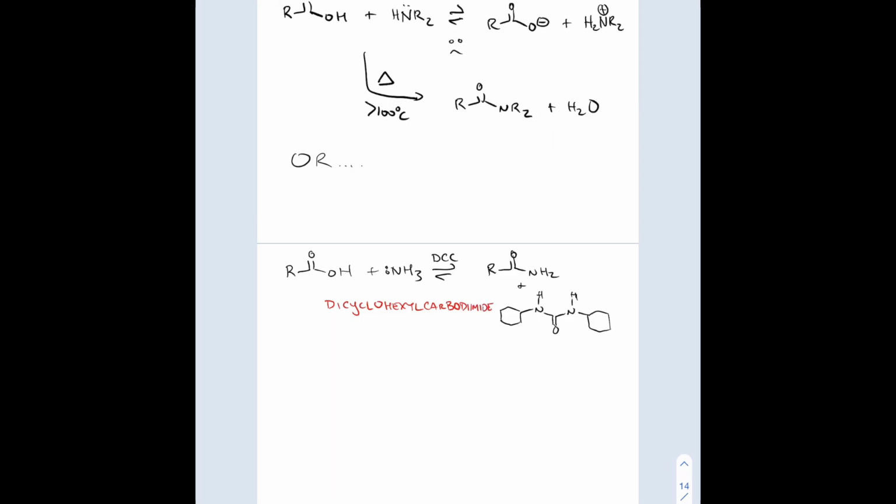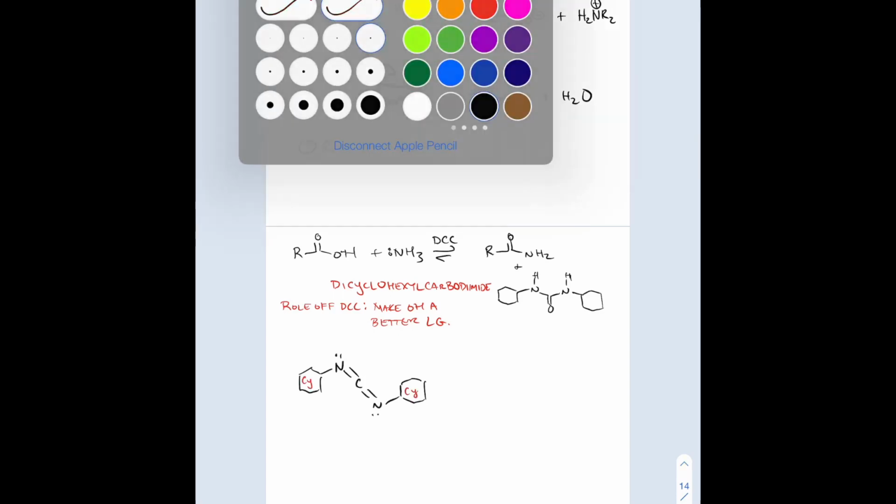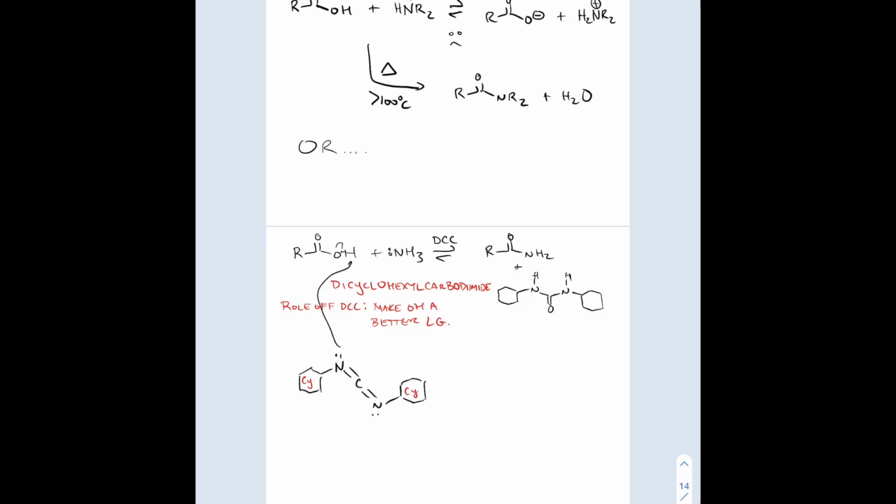So that's actually not the structure on the right. Sorry, that looks a little confusing. But the structure on the right is a urea as a result of the reaction. It's a reaction product. And so the role of DCC is to make OH a better leaving group. That's the role of a lot of things, right? When we're trying to do these transformations. And so this is DCC.